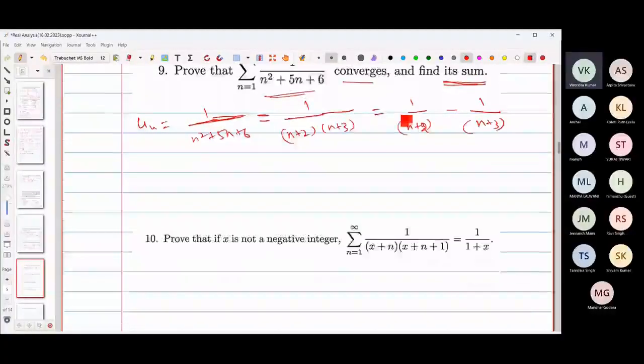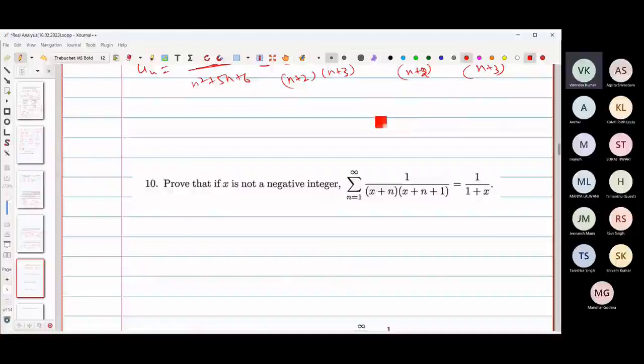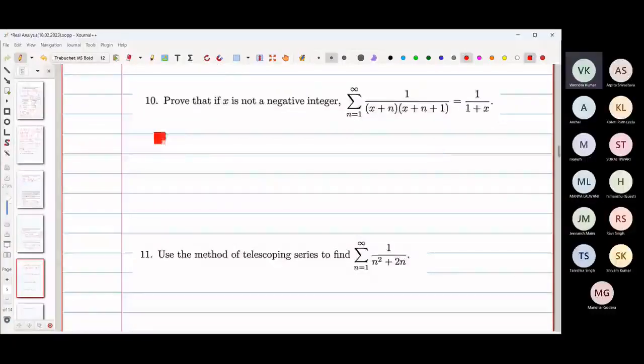Sequence of partial sums. Here also we can write this as a telescopic series: 1 upon x plus n minus 1 upon x plus n plus 1. This is the partial fraction of this one. Then you can find the sum Sn.